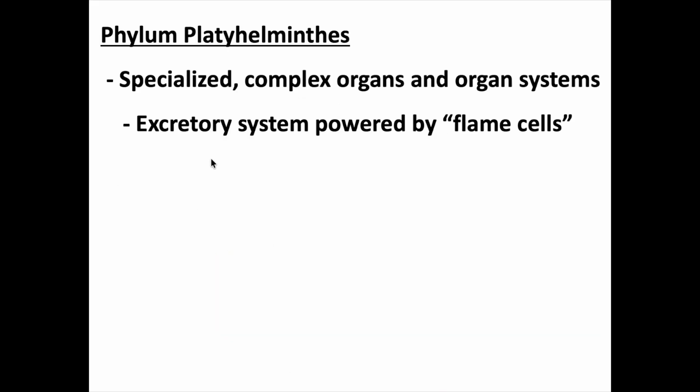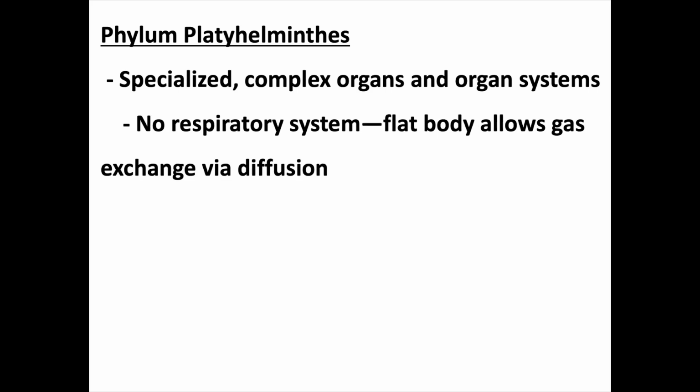So there's an excretory system here powered by these so-called flame cells. There's another system that's missing, and that's a respiratory system, gills or lungs or something like that. We will see those in other animals, but not in these flatworms. They're small and flat enough to where they could just exchange gases through their skin via diffusion, so they don't need a specialized respiratory system.